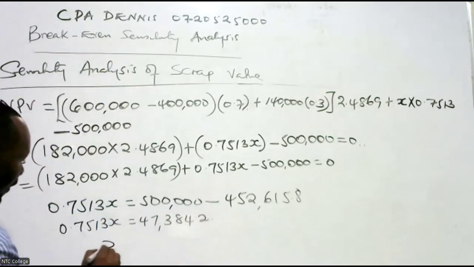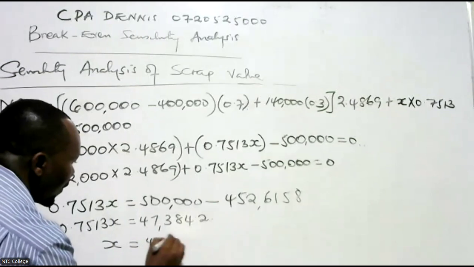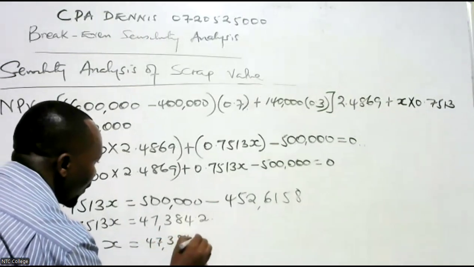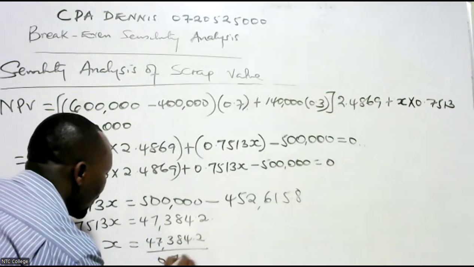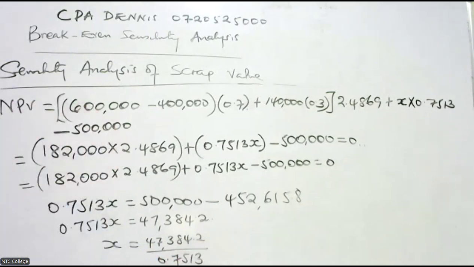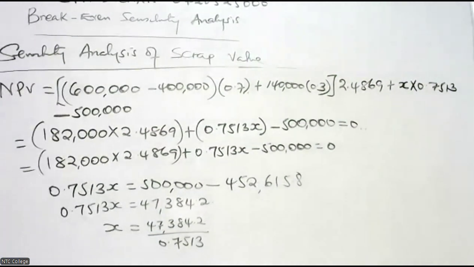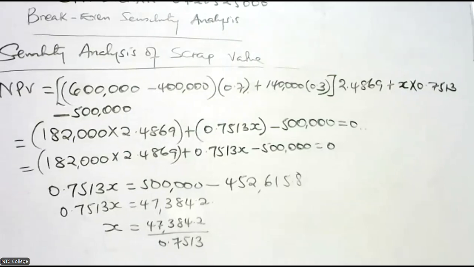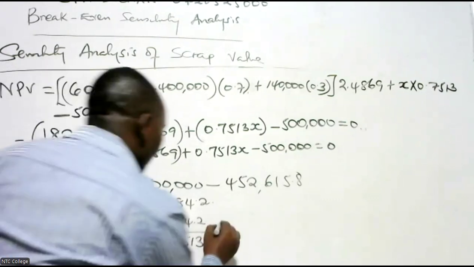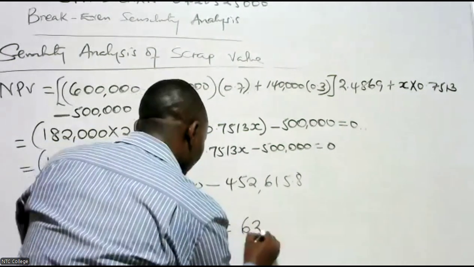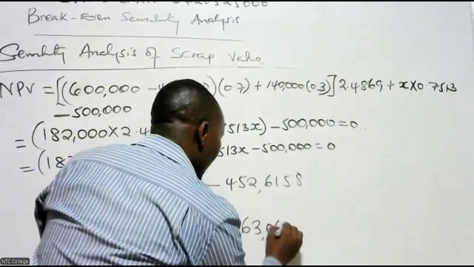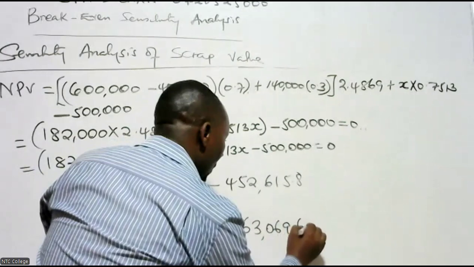Therefore, x is equal to 47,384.2 divided by 0.7513. Isn't it easy? Isn't it simple? I know you can give me that value. That one you cannot miss. My answer is coming to be 63,069.61.